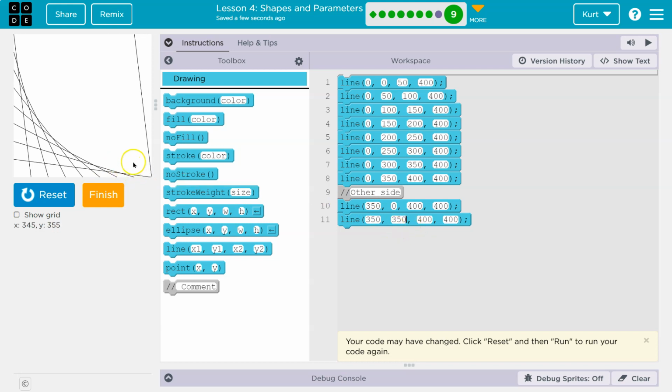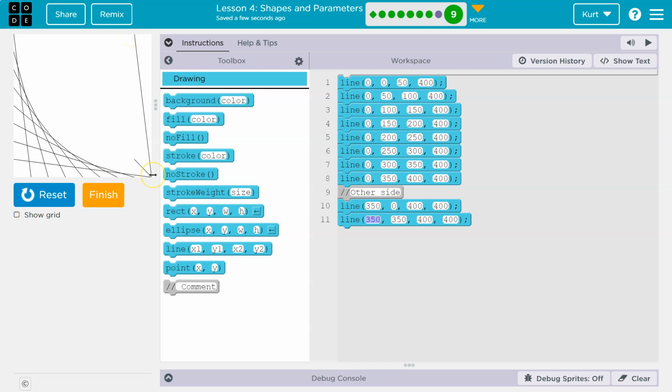And then what x would we need it at? Well, we would need it all the way on the edge still. So like they have 400 here for all the y's because they're all touching the edge. I'm going to have 400. Wait, 0y. So that's this point.